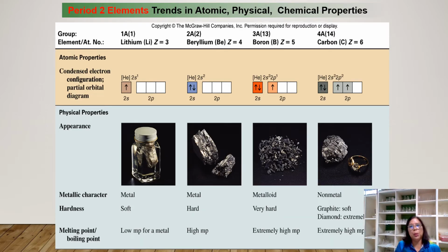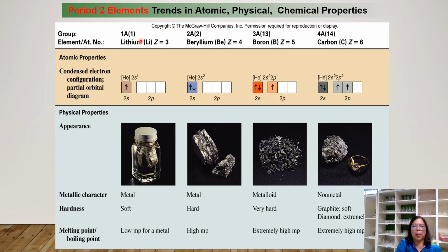Okay, let's try to know them by element. This is how lithium looks like. This is how beryllium looks like, and this is how boron looks like. And of course, you are familiar with this, the carbon, no? And the diamond.